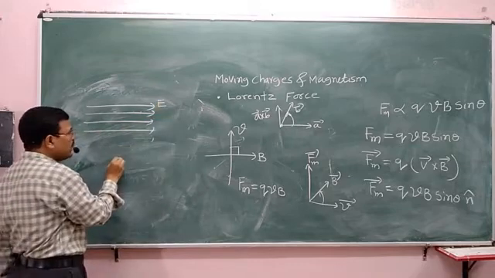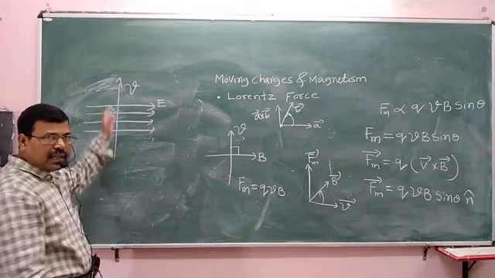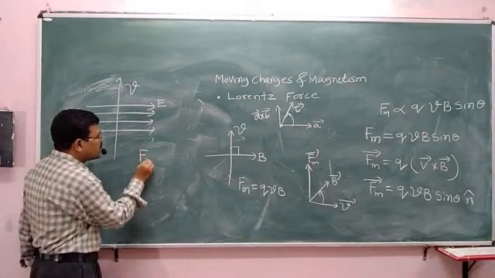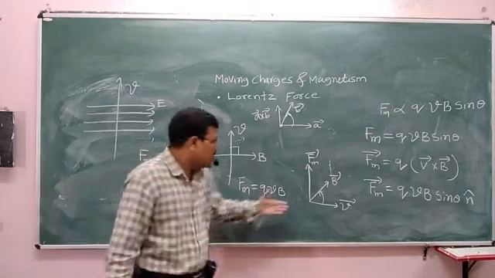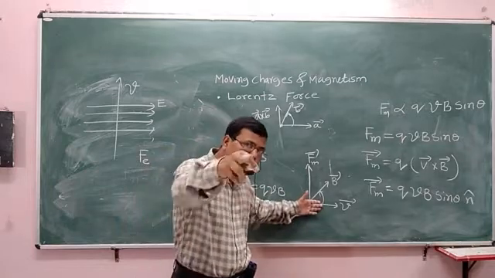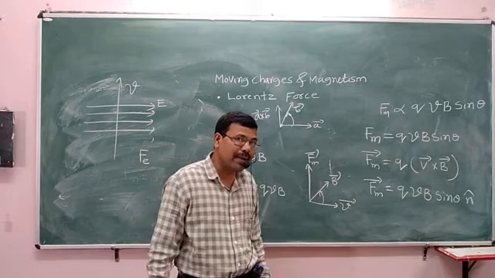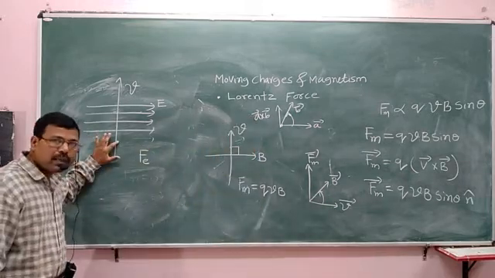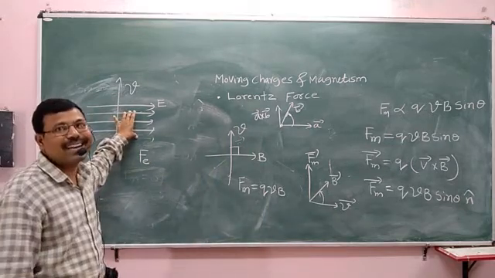If a charged particle is moving in an electric field, the charged particle experiences electric force. Just like when a charged particle is moving in a magnetic field, it experiences magnetic force. In a similar way, when the charged particle is moving in the electric field, it experiences electric force.